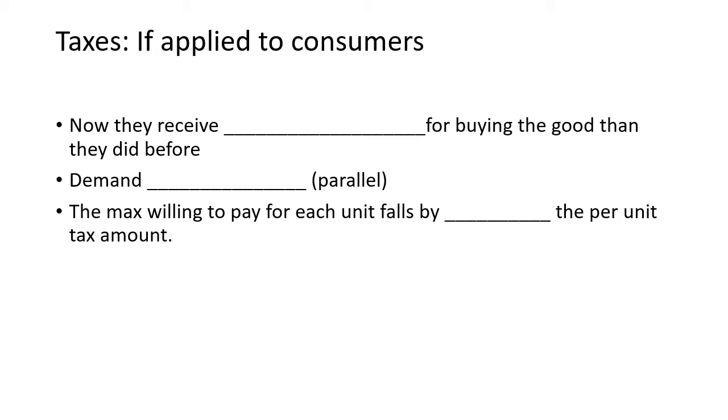If instead we were to apply this tax to consumers, that means now the person buying the good is going to pay more for it, so they receive less of a benefit for buying the good than they did before.